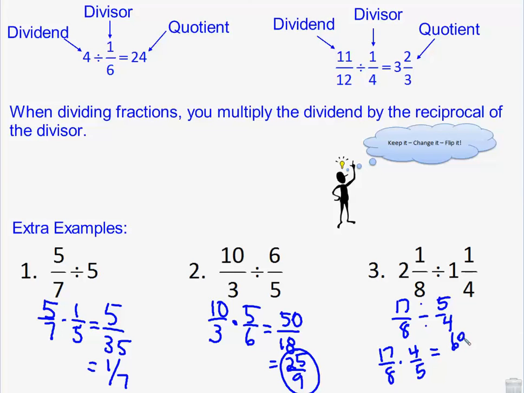I'll multiply my numerators, and I'll multiply my denominators. And since both of those numbers are divisible by 4, I'm going to reduce that fraction. So we're going to get 17/10. And again, you can leave that as a mixed number or an improper fraction. In this case, I'm going to leave it as the improper fraction.